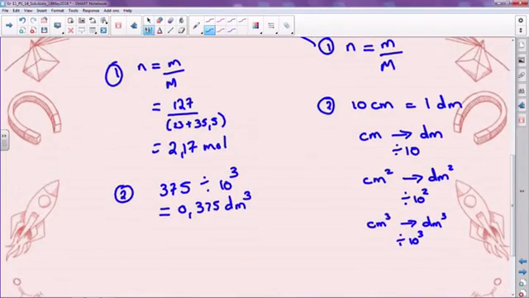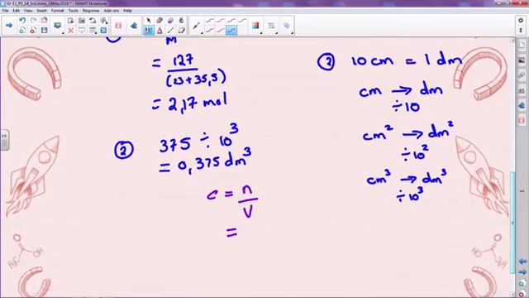Right. C equals N over V. In fact, let's just do this in a different color so that we know C equals N divided by V. My number of moles I worked out as 2.17, and my number of decimeters is 0.375.